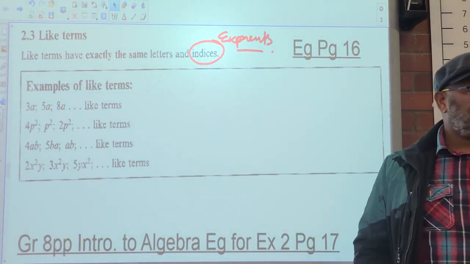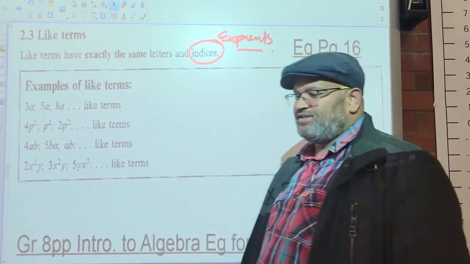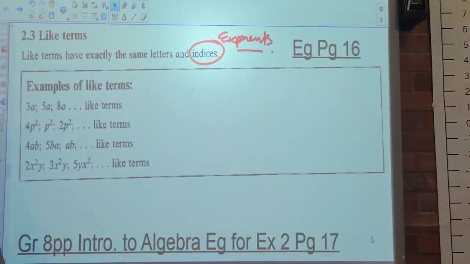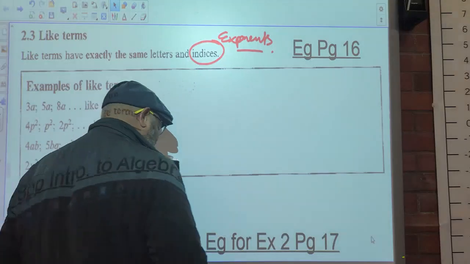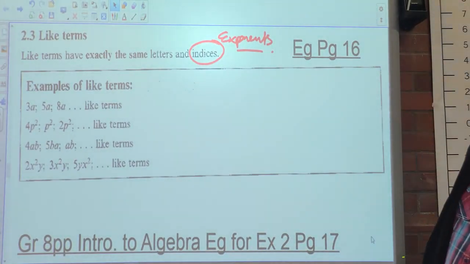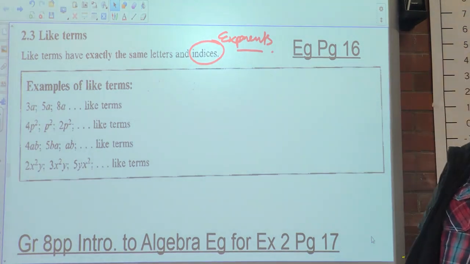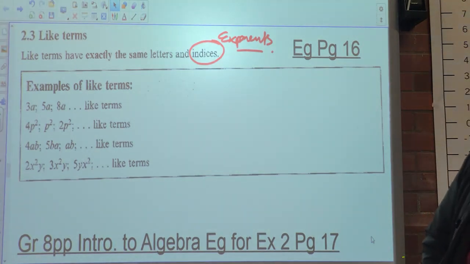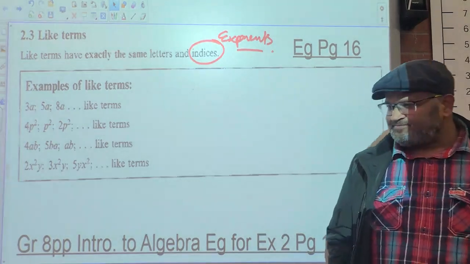Examples of like terms. You can think of it like this: if you open your top drawer at home, in your kitchen, what is normally in your top drawer? Utensils. But normally when you open your top drawer, you have your knives and your forks and all of those things.